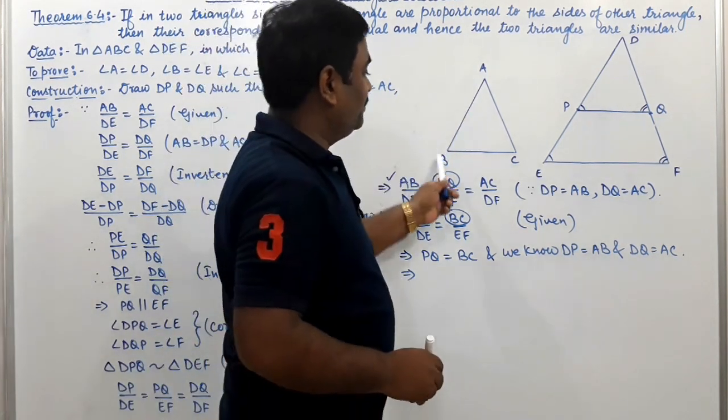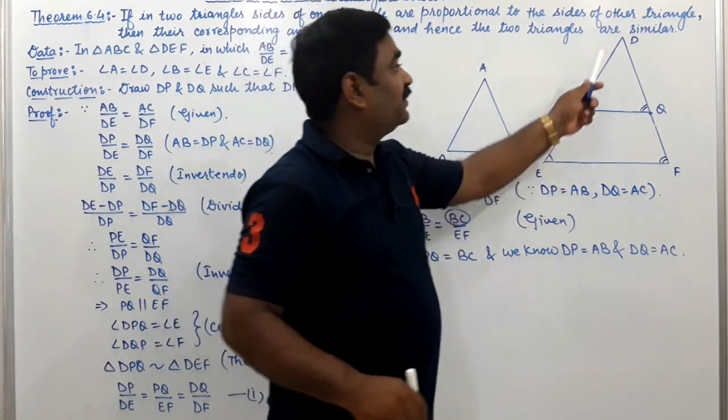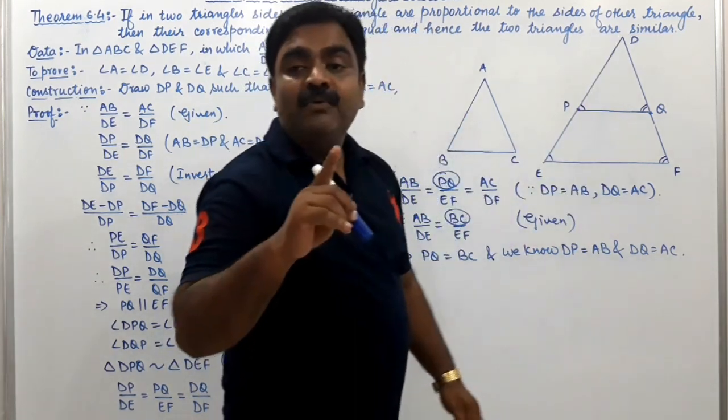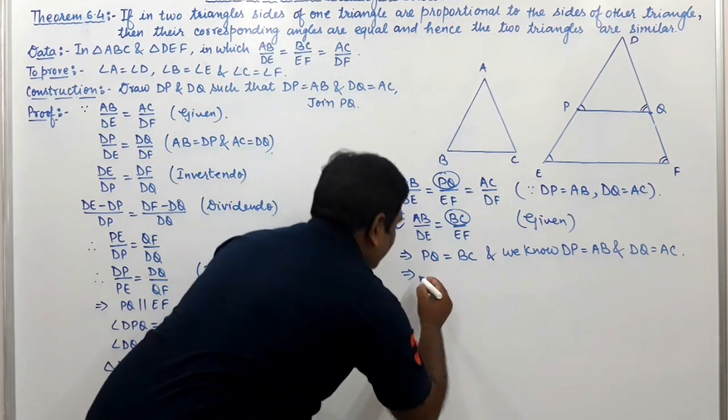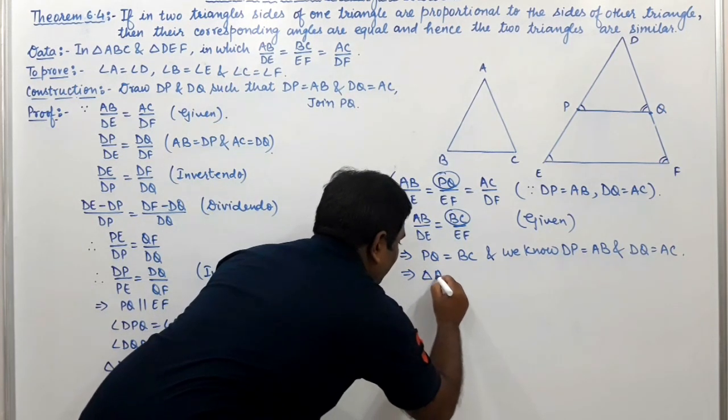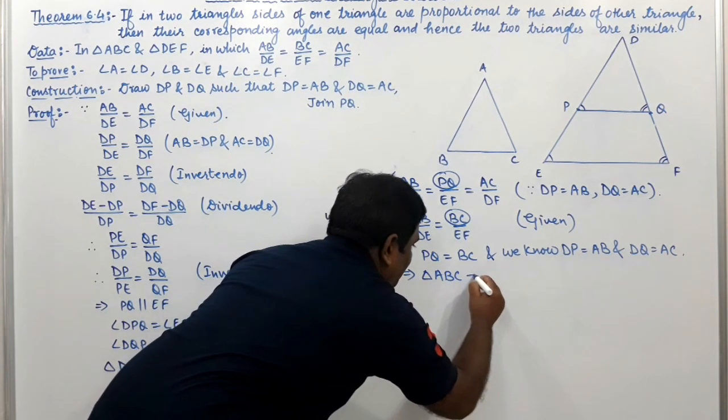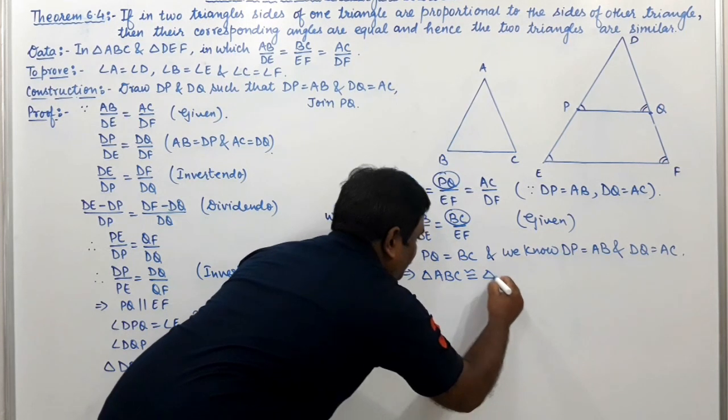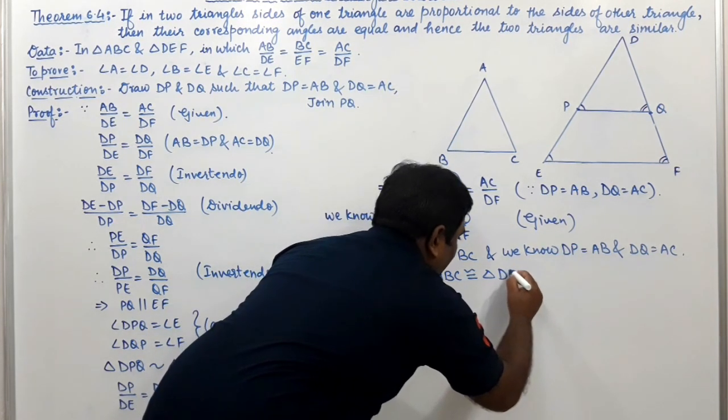Therefore triangle ABC is congruent to triangle DPQ.